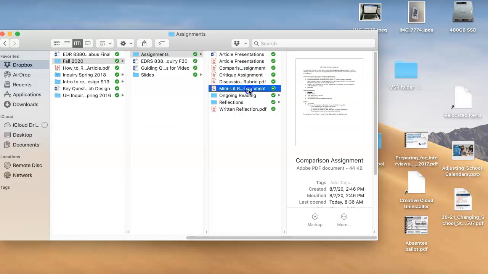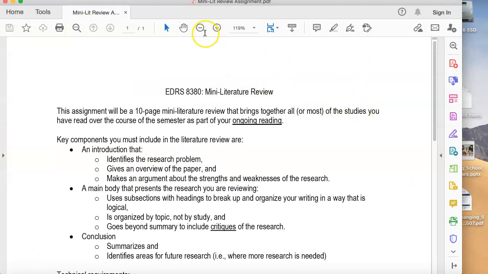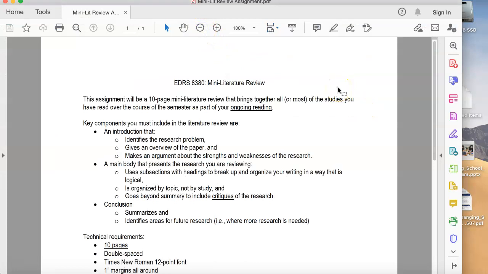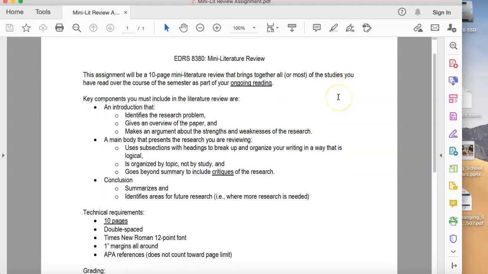Our mini literature review, based on all of your reading, to the extent that all the reading that you've done is related, 10 pages. And this is where we really start to dip our toe into what is writing a thesis. The 2 key parts of a literature review are summary and synthesis.